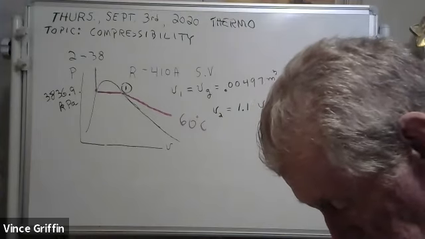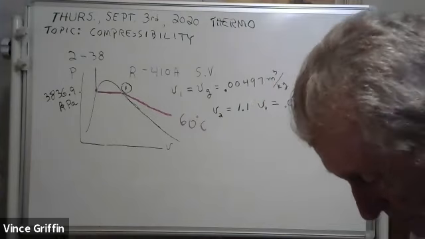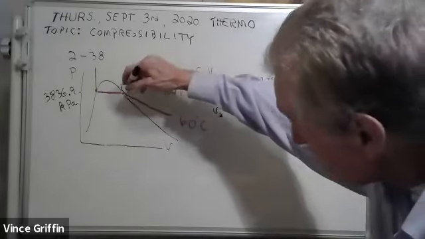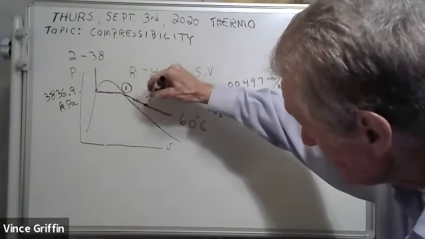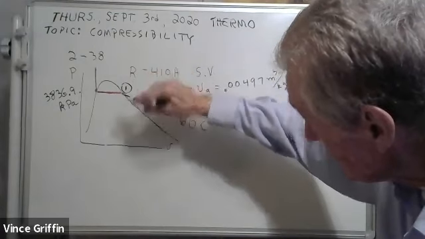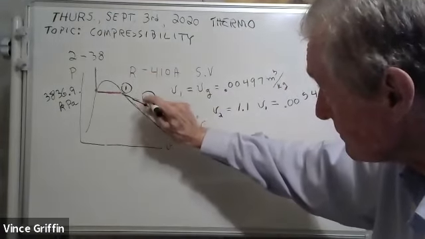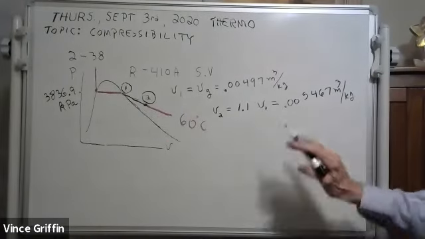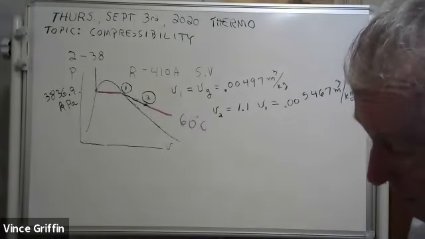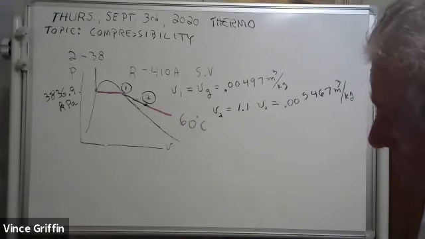They've said we're going to keep the temperature constant. So we're going to go down here someplace to state 2. And we know what the new specific volume is. We also know the temperature.